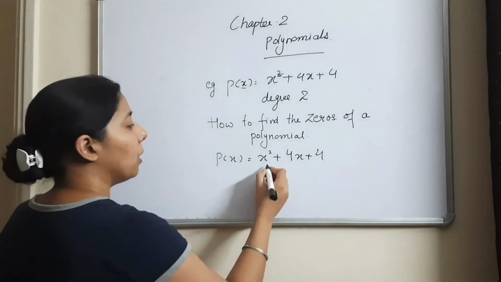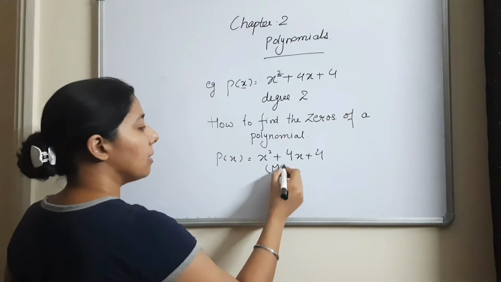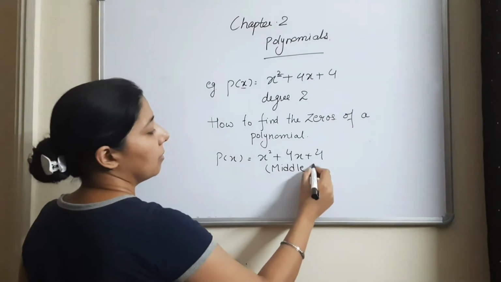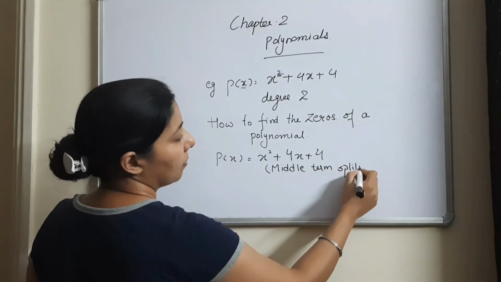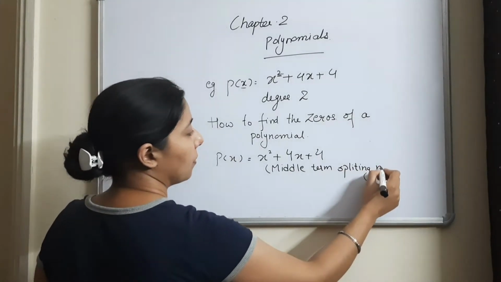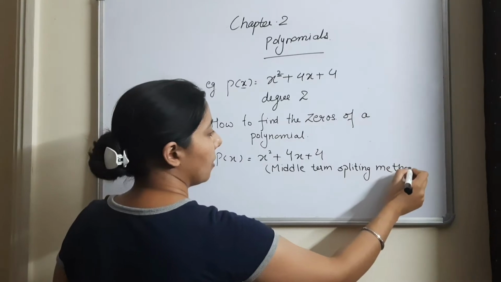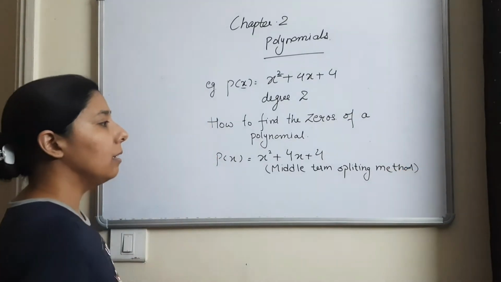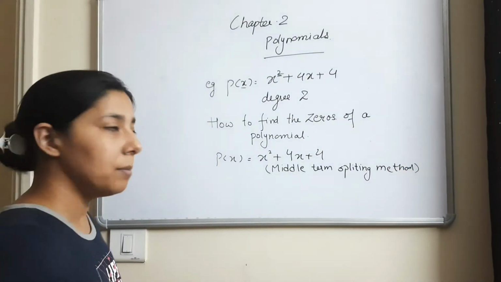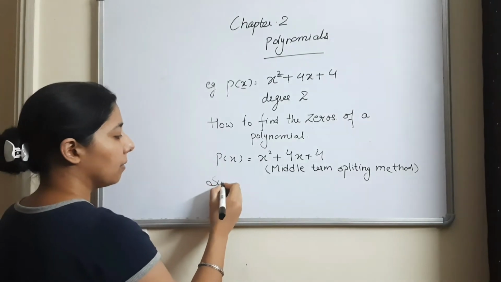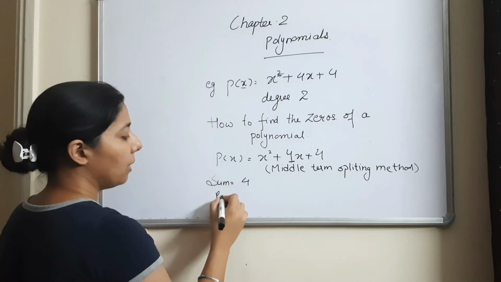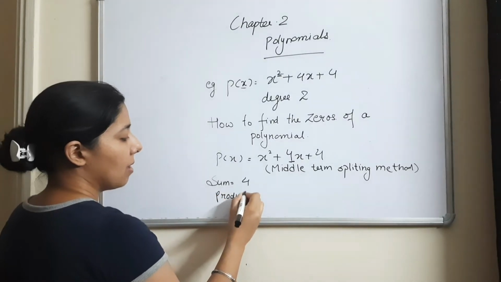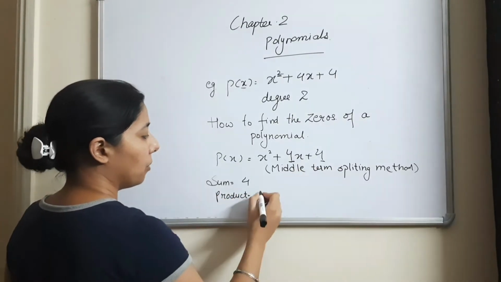In this polynomial we will be using the middle term splitting method. In this method, you have to think about two terms whose sum will be this term 4 and product will be this term 4.